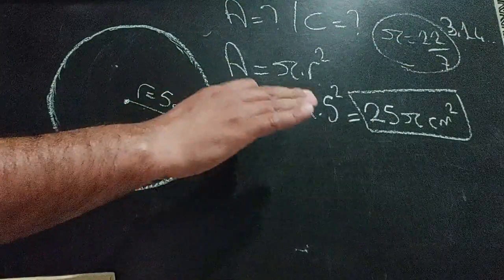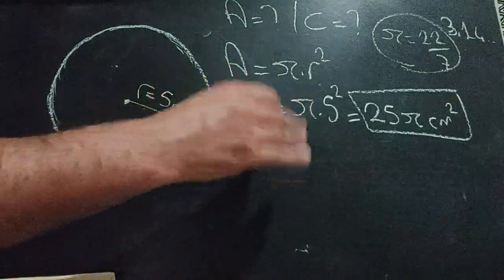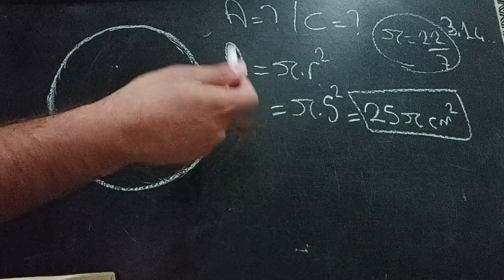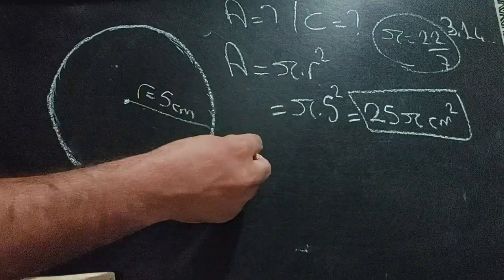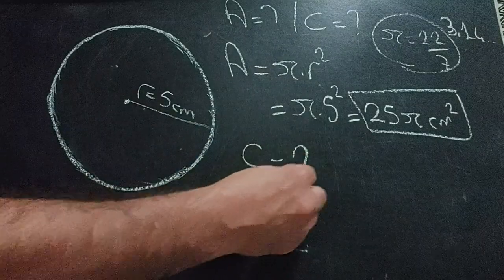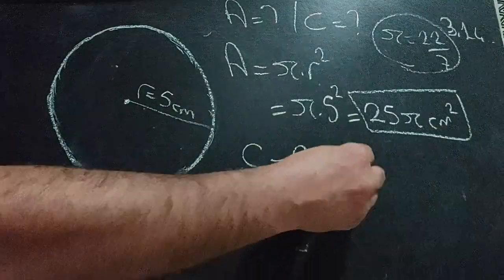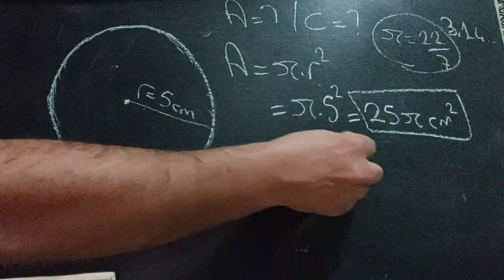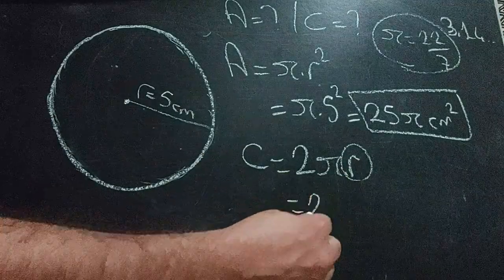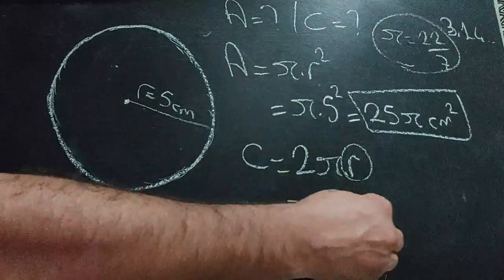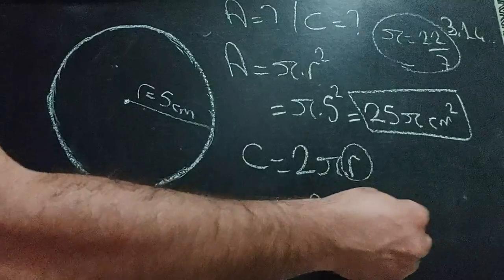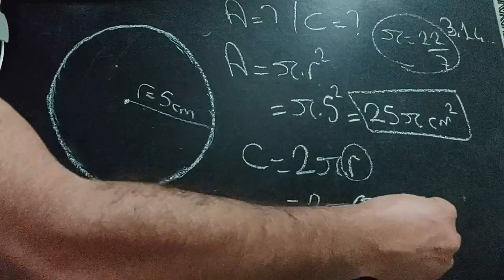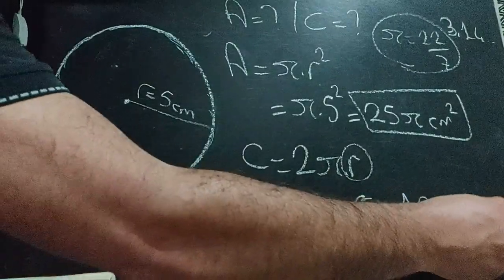But for now we don't need to use it. In options they will give you 25 pi as answer. So circumference equals to 2 times pi times r. R is 5, that will be 2 times pi times 5, which is going to be 10 pi centimeter.